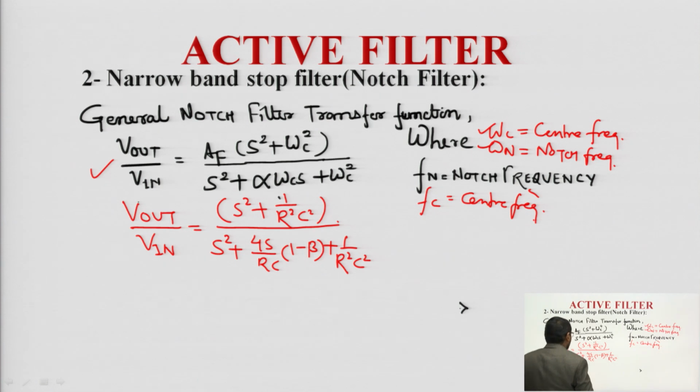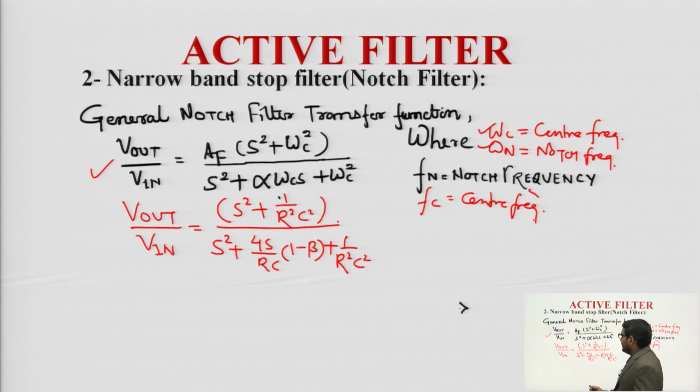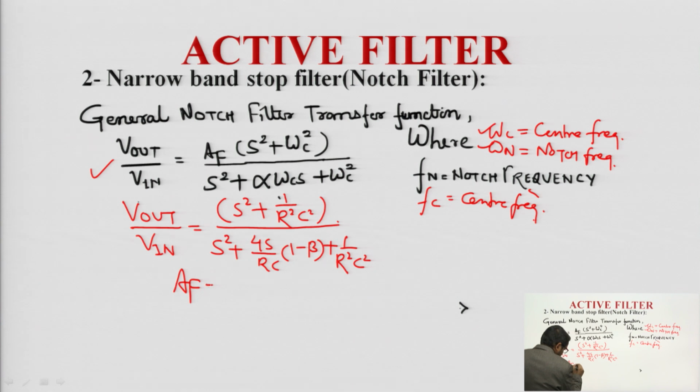From the previous one, if we take 1 upon R square C square as common, we get the modified form of the transfer function, which looks similar. If you compare these two, we get A F equal to 1, this is the pass band gain.